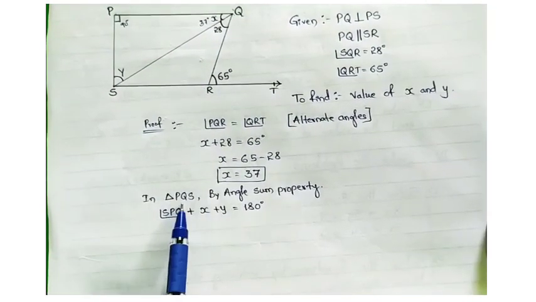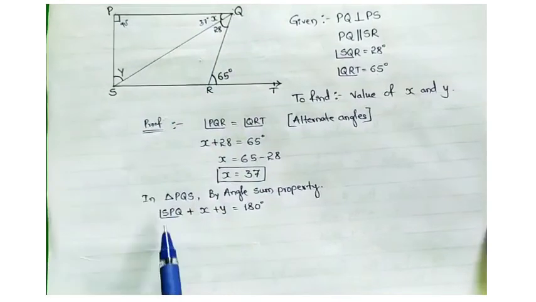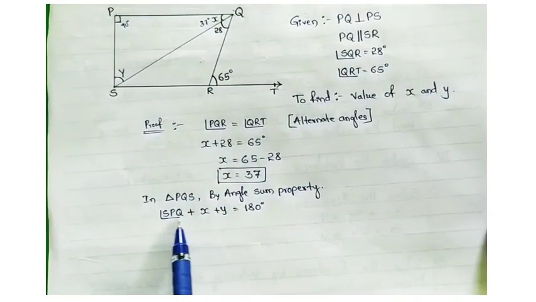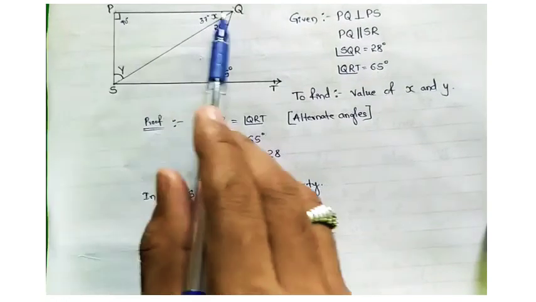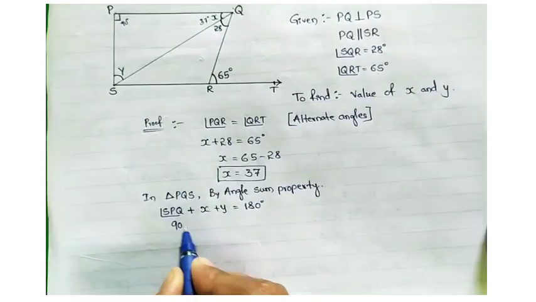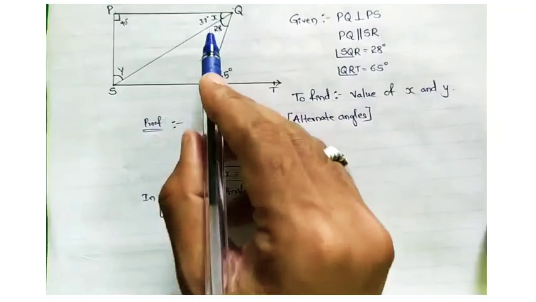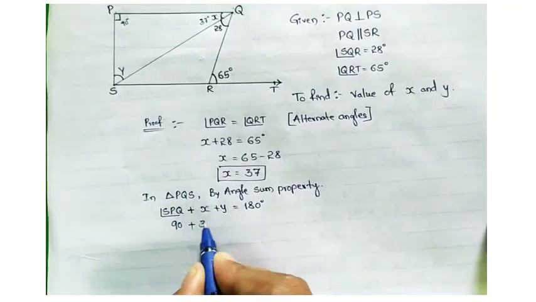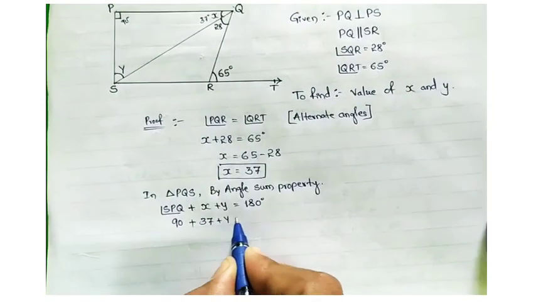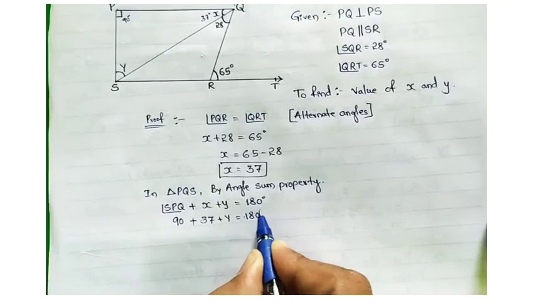So in triangle PQS, if you add all three angles, we will get 180 degree, that is SPQ, that is 90 degree plus x plus y. X we got here 37 and we don't know y, keep like that only, equal to 180 degree.